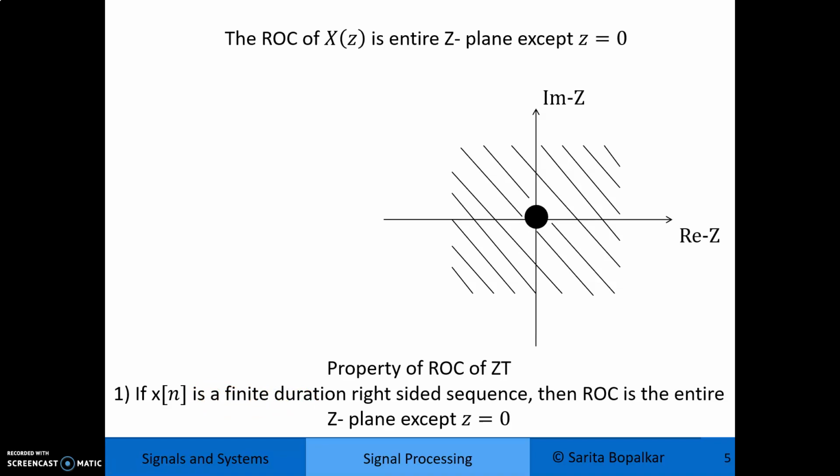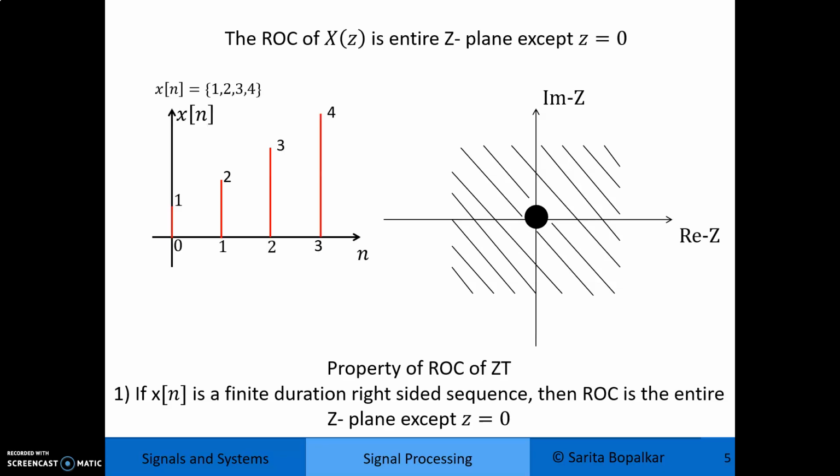It doesn't exist up to infinity and from minus infinity. It has some finite samples. In our sequence, there are 4 samples: 1, 2, 3, 4. That means it is finite. Then right sided. You can check our signal exists from n equal to 0, 1, 2, 3. It exists from the right side.